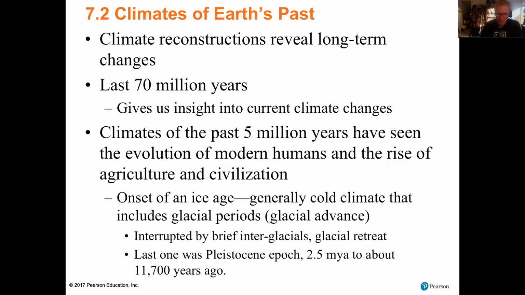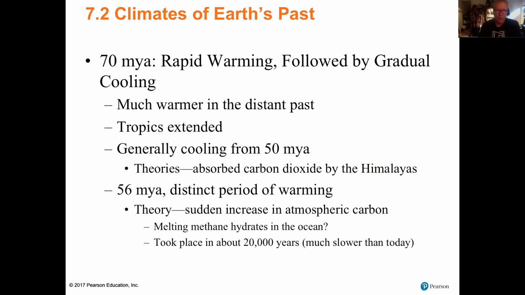So 70 million years ago, there was rapid warming, then cooling. The tropics were extended, then it cools down from about 50 million years ago, for all kinds of reasons. The predominant theory is that carbon dioxide was absorbed by the newly formed Himalaya mountains, which we'll look at in Chapter 8, when we look at tectonic activity and how the Himalayas were formed.